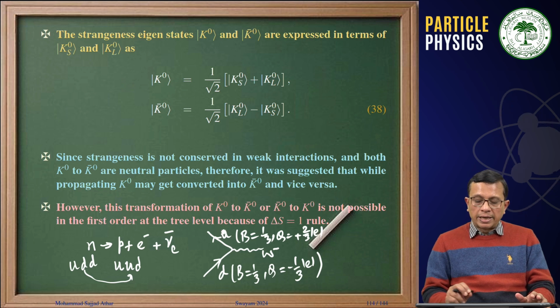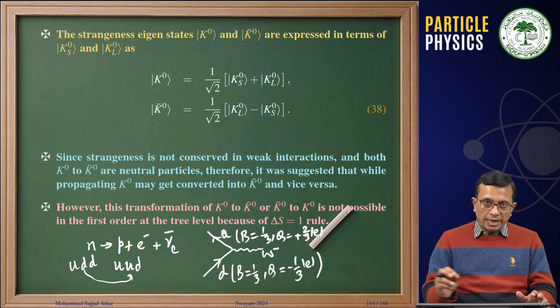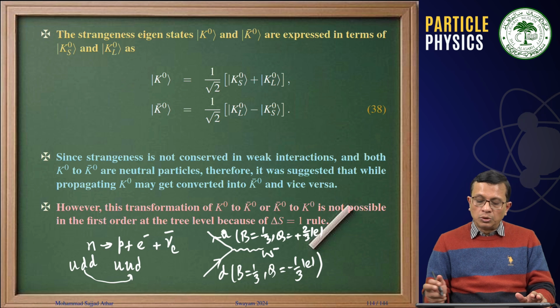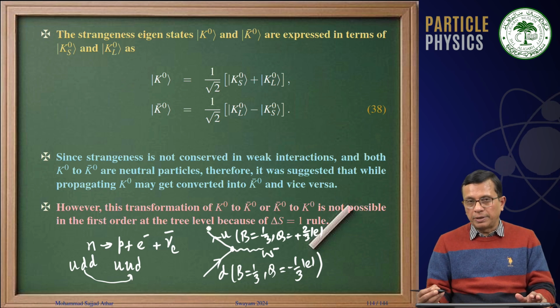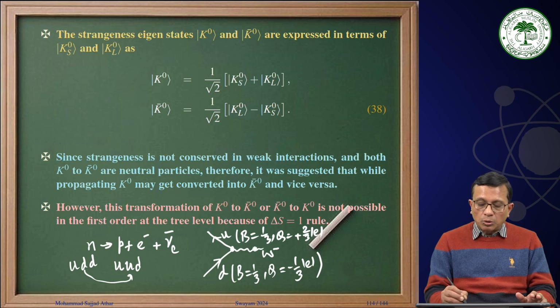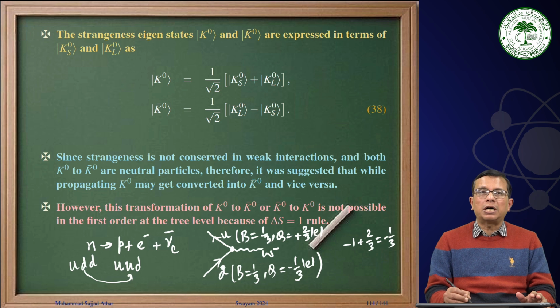As you can see, the total baryon number arriving at this junction is 1 by 3, and the total baryon number leaving is 1 by 3. The total charge leaving is plus 2 by 3 for the u quark and minus 1 for the W minus, overall minus 1 by 3, which was the charge arriving at this junction.